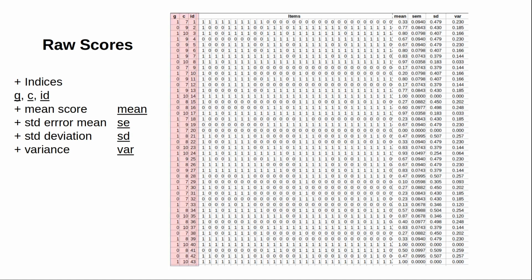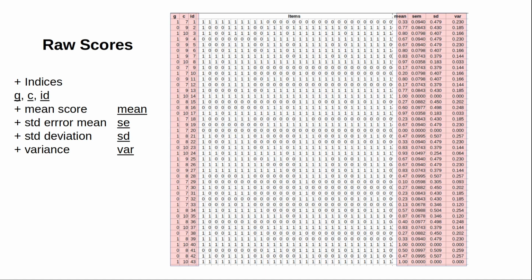She also calculated the mean score, standard error, standard deviation, and variance for each student. I'm not going to bore you with the formulae. You can find them in any basic textbook of statistics and even on Wikipedia.